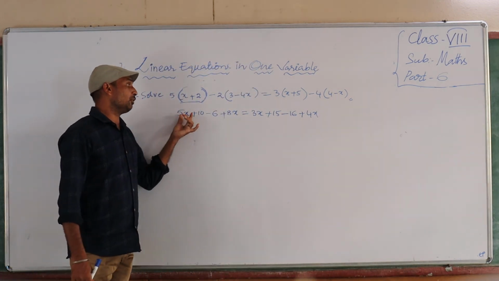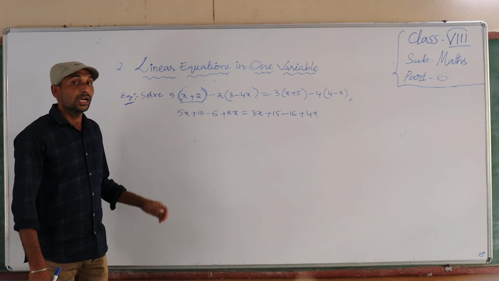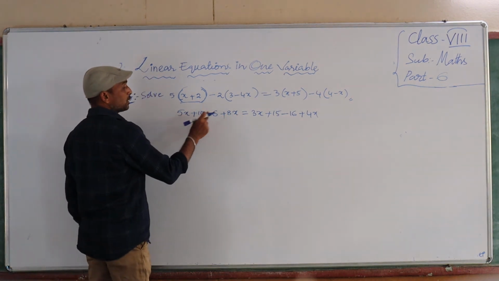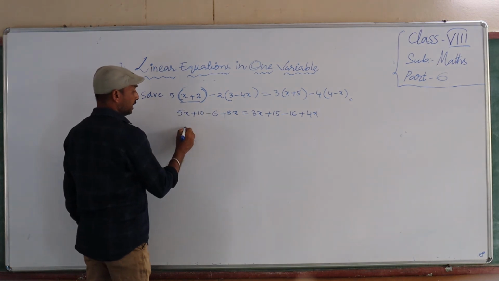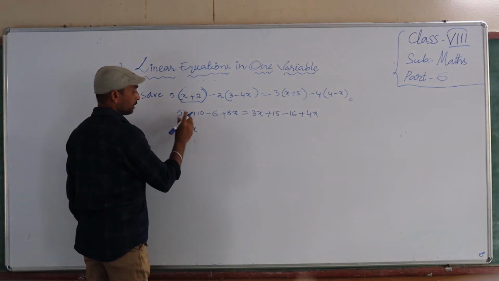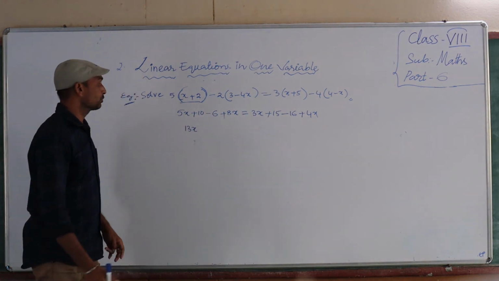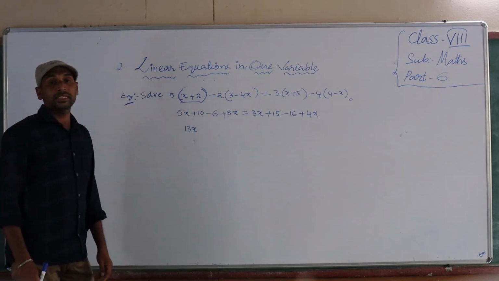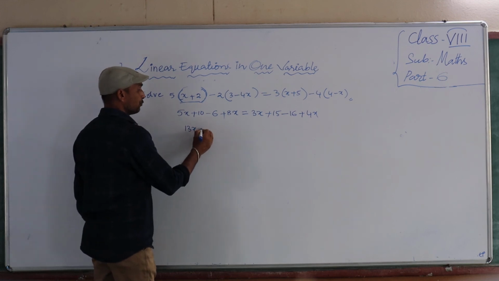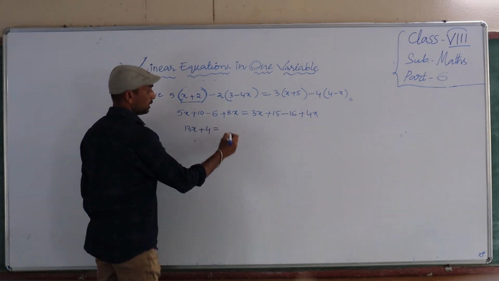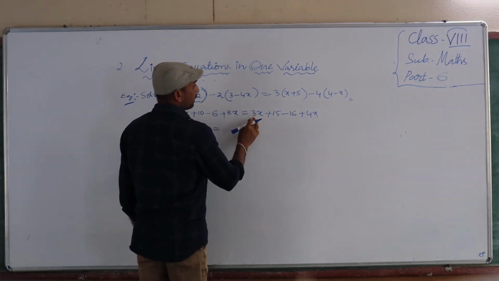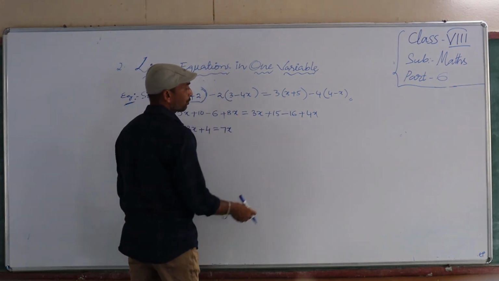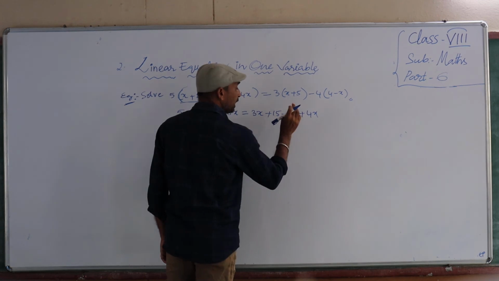Now first we have to add like terms. 5x plus 8x, 13x, because 5 plus 8 is 13. Next constant terms, 10 minus 6 means 4, that is equal to, then again 3x plus 4x, 7x, 15 minus 16.